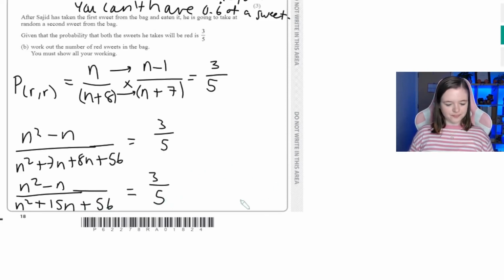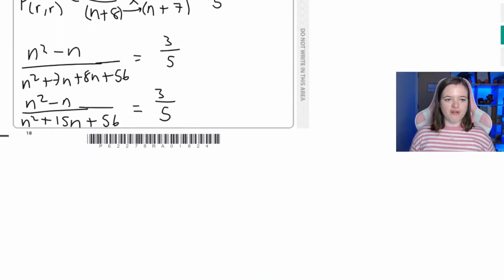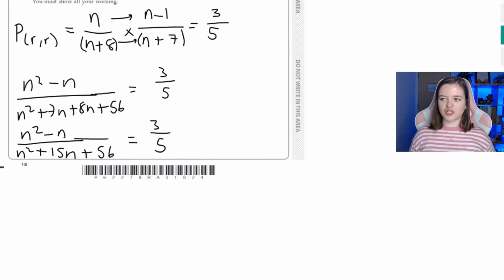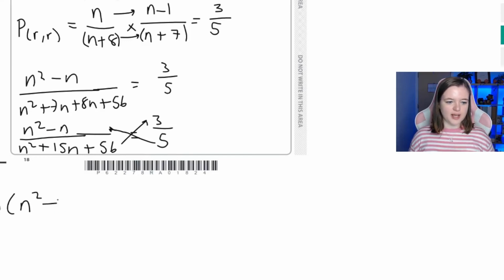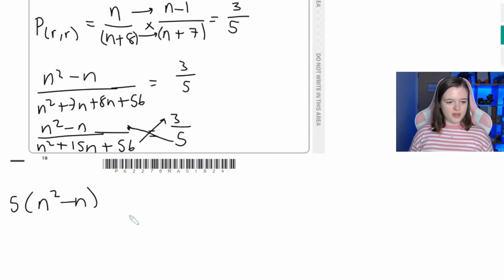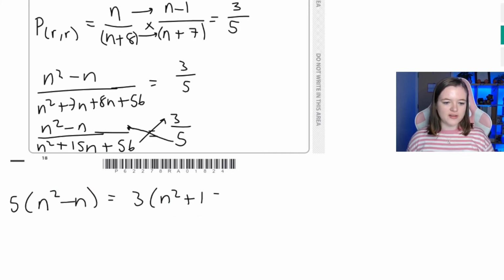Okie dokie. And then again, we've got a fraction equals fraction situation. So we're going to cross multiply again, just to get rid of both the fractions, times 5 up here to get 5 lots of n squared minus n. Let's shuffle it over. There we are. 5 lots of n squared minus n is then equal to 3 lots of all this down here. n squared plus 15n plus 56.